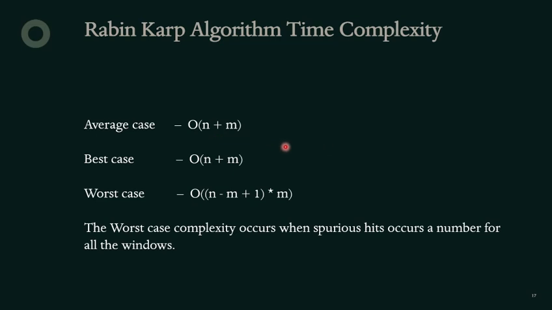Computing the hash value of the pattern takes O of m time, where m is the length of the pattern, and calculating the hash value for the substring of the text, which is of size m. And next, sliding the pattern through the text takes O of n minus m plus 1, where n is the length of the text and m is the length of the pattern.